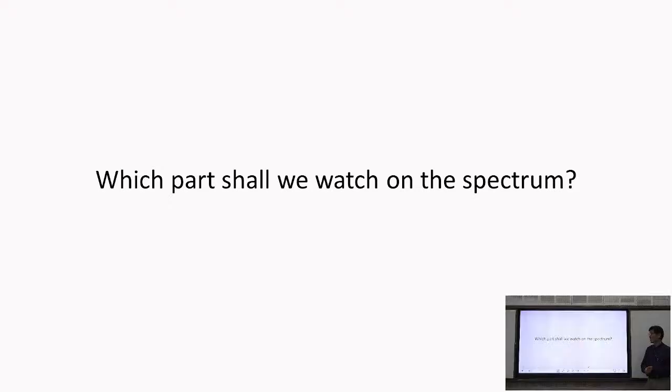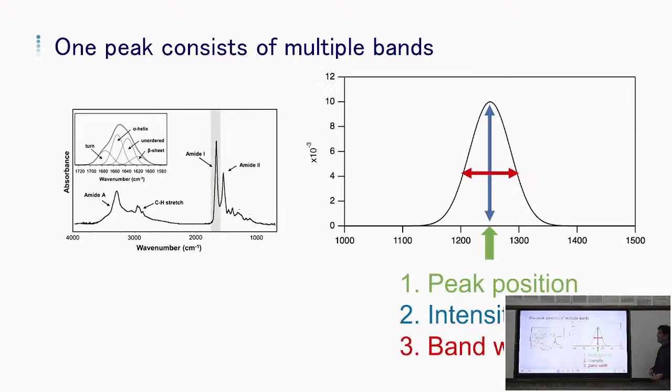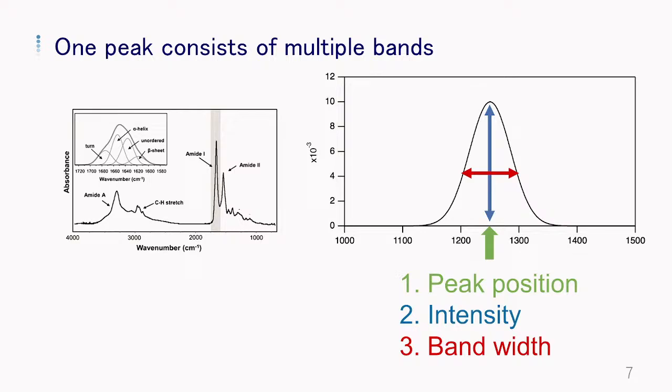And today's talk is not limited to protein samples. So let's see which part we should watch on the spectrum. That is the matter of discussion. Okay, we find the IR spectrum, and we can detect multiple peaks like this, like this, like this.